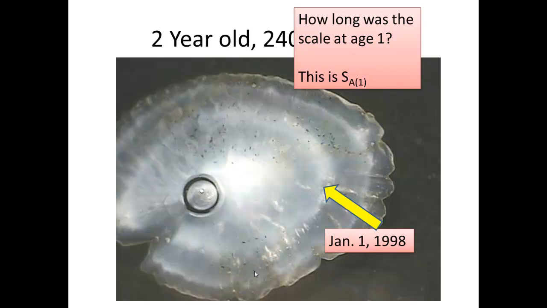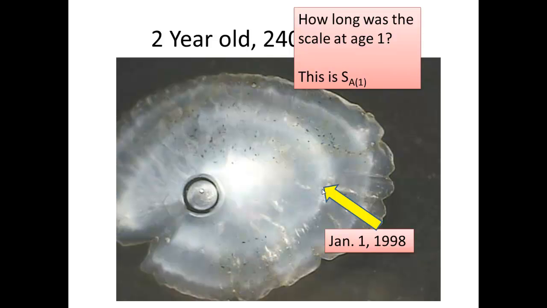Now remember that this annulus, we're going to say that it was formed on January 1 of 1998. Fish was born in spring of 1997. It grew through all of 1997, and then in the winter on January 1 of 1998, it turned 1 and laid down this annulus.